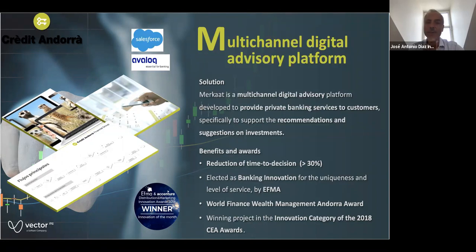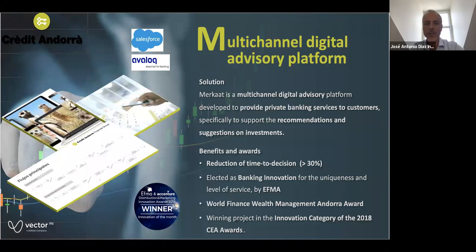And at the same time, from the bank standpoint, their advisors were able to increase their customer base, because they freed a lot of time that was being used, as I mentioned before, in low value added tasks. Now these tasks were automated, and even with more information with these digital tools.